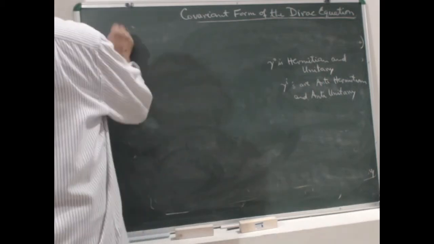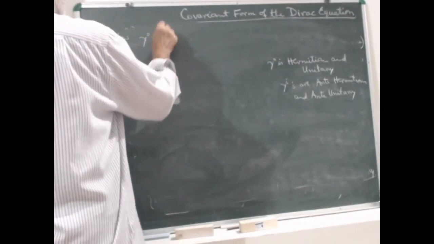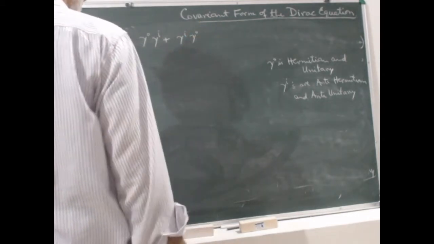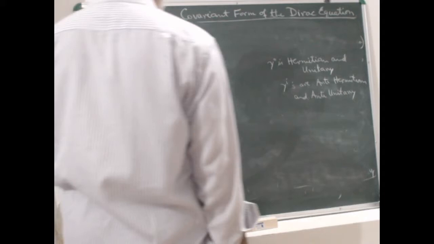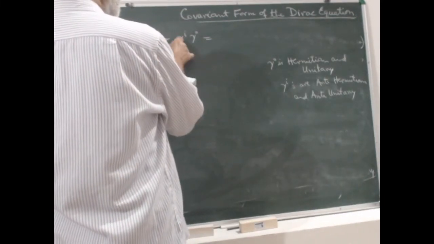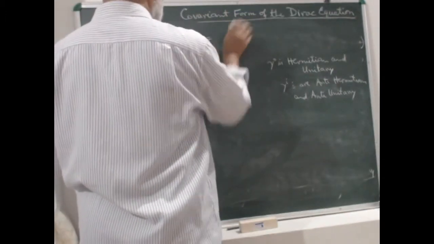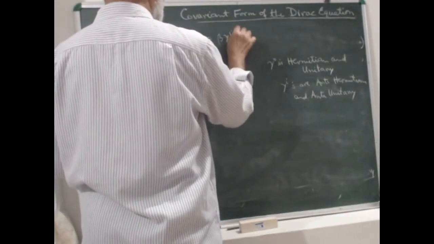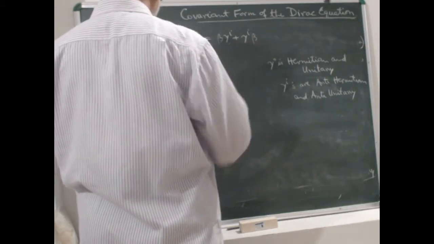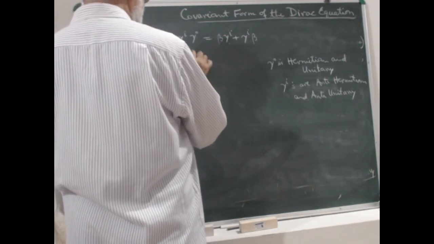Now let us take gamma 0 gamma I plus gamma I gamma 0. This means this is beta gamma I beta, so it is beta gamma I plus gamma I beta.